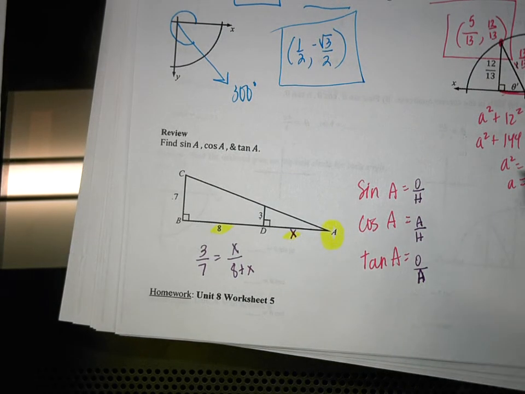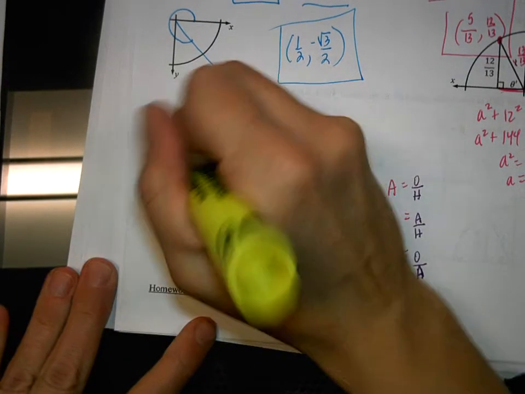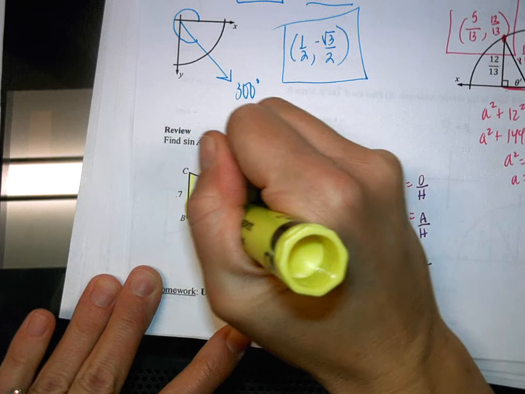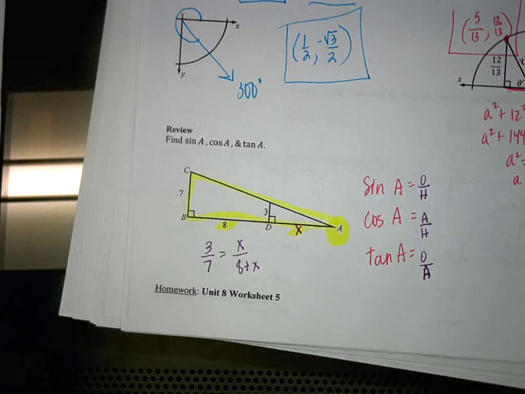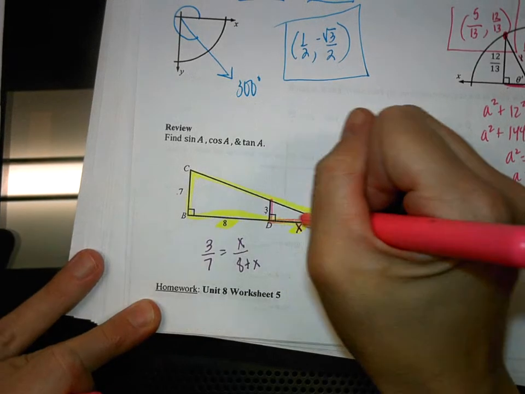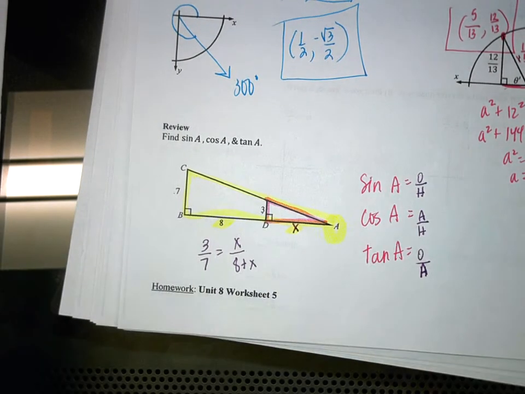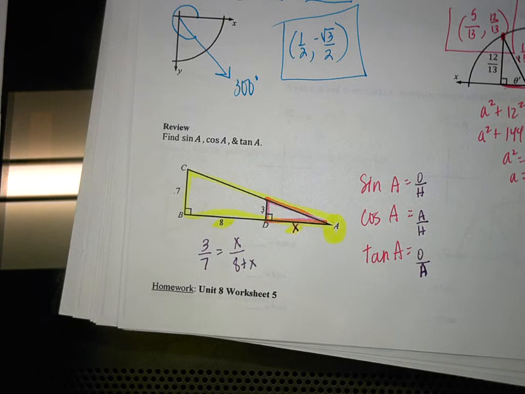So we're comparing this triangle right here and this triangle right here. So I'm setting those up as proportions, the big triangle and the small triangle. Are we good?